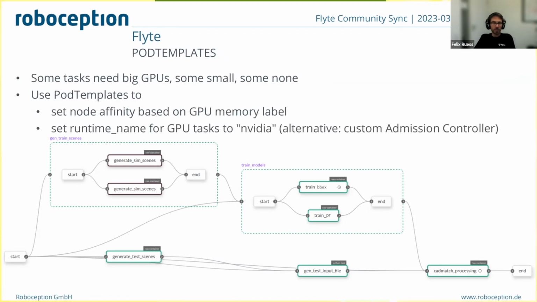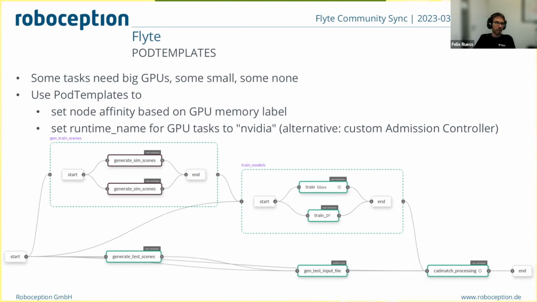Yeah, and then the one thing that is very important and interesting for us, and thanks to Dan for a lot of work on pod template support. As I mentioned earlier, we have some tasks that need big GPUs, some small ones, or none. None is easy to handle. And since we don't have a very large cluster, it's not in the cloud, and we cannot spin up stuff on demand, we want to really schedule this so we utilize our existing hardware resources well.